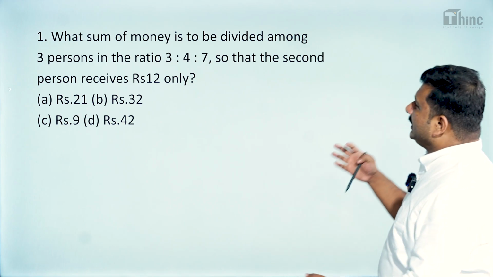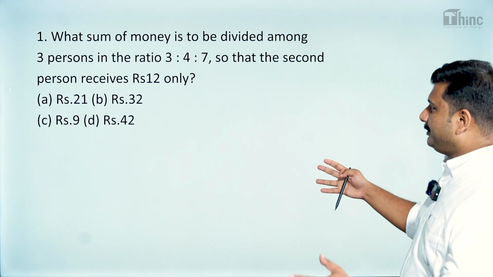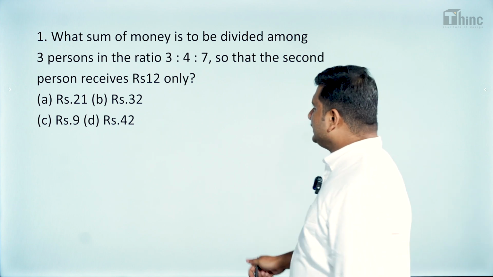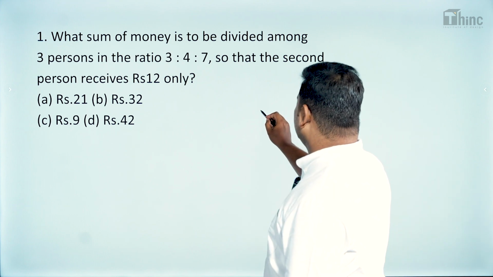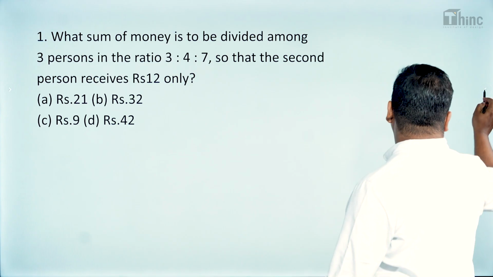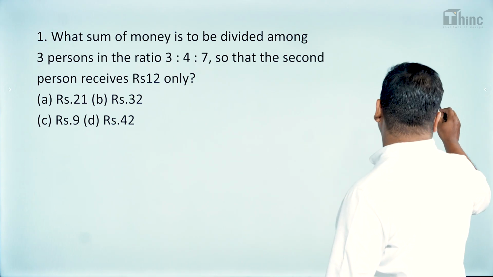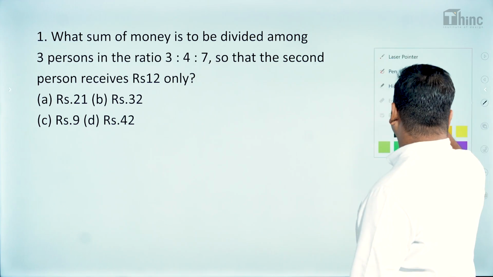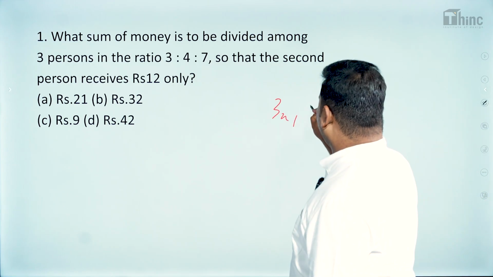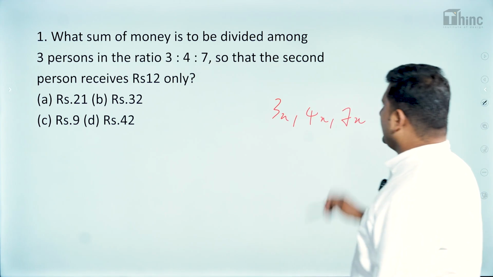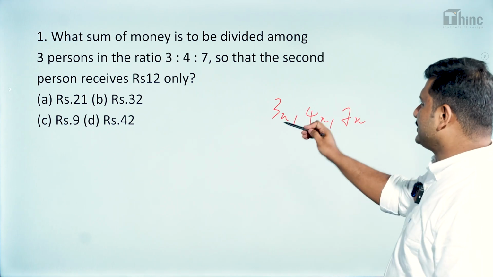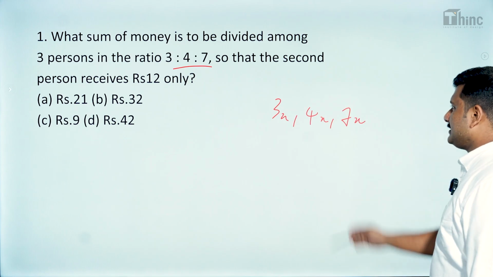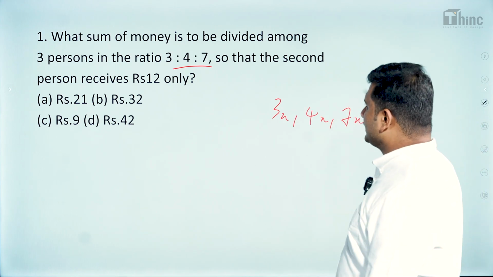So we have to divide a certain sum of money among three people in the ratio of 3:4:7. Since they are in the ratio of 3:4:7, we can write the actual values as 3x, 4x and 7x.